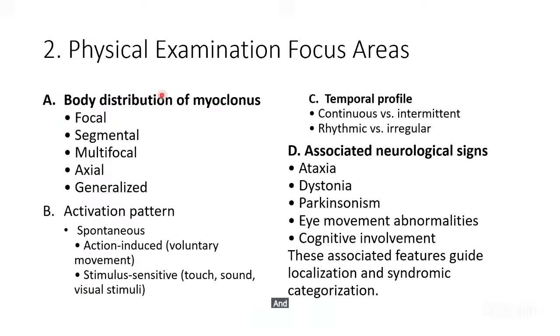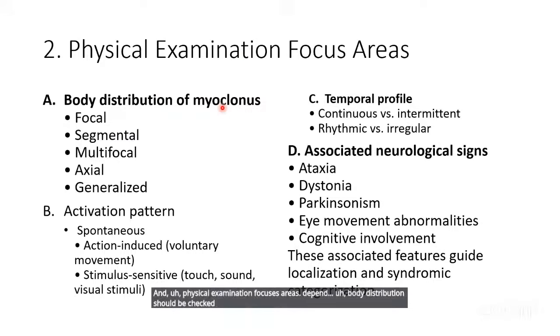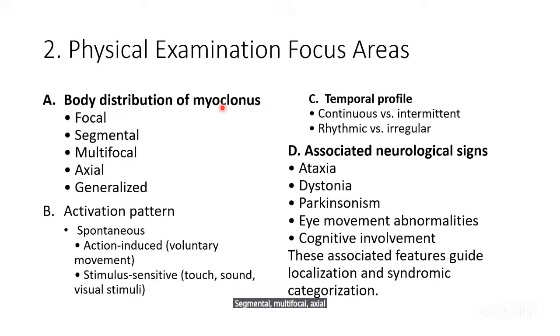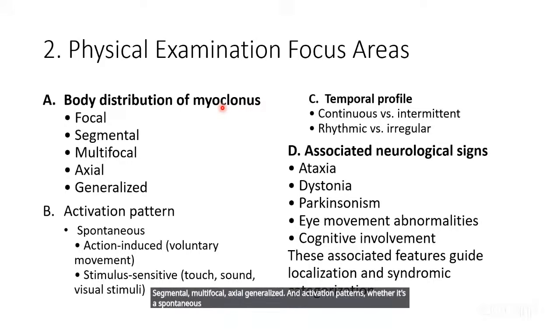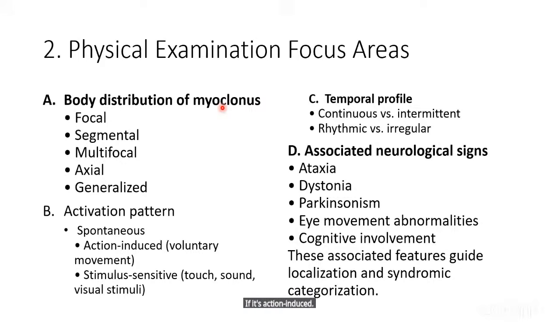In physical examination, the focus areas: body distribution should be checked, whether it's focal, segmental, multifocal, axial, generalized. And activation patterns, whether it's spontaneous or action induced. If it's action induced, how voluntary movement affects it.